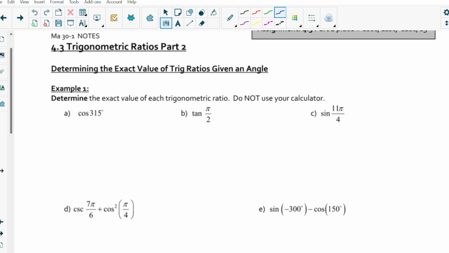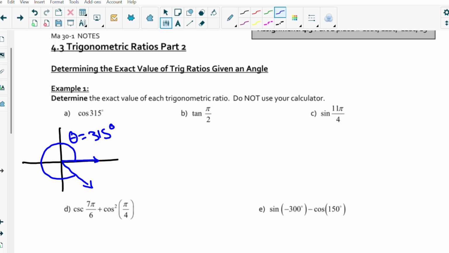Cosine of 315 degrees. So if I draw my axes here, and I go 315 degrees, so from my initial arm all the way through, that's going to put me right in the middle of quadrant 4. So theta equals 315 degrees. What's the exact value? Okay, so in quadrant 4, the exact value of cosine of 315.